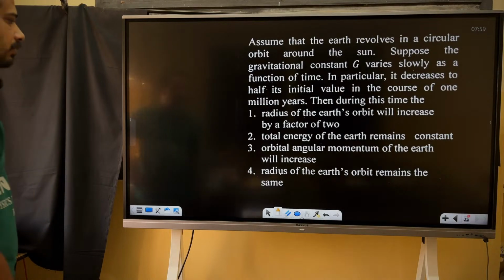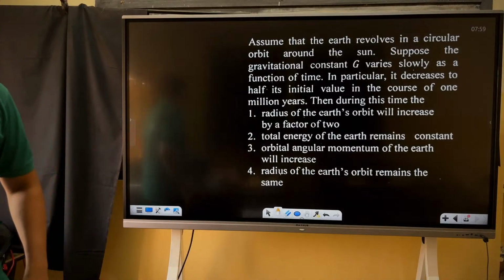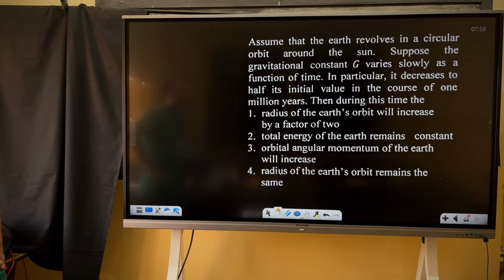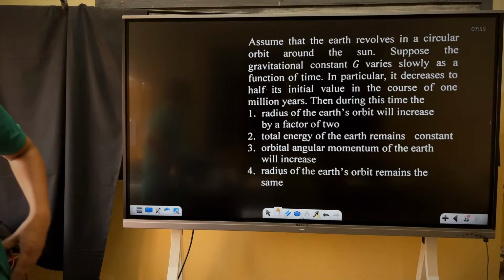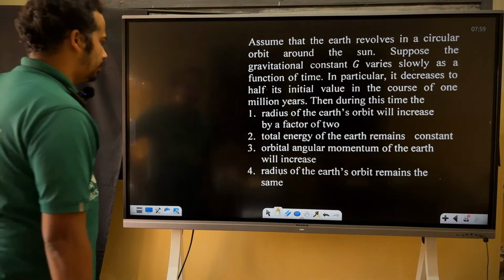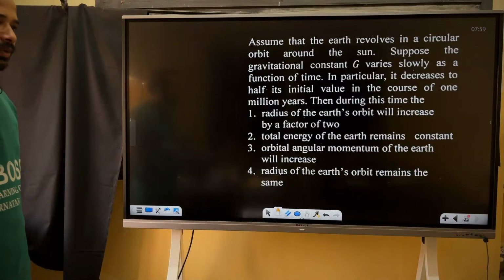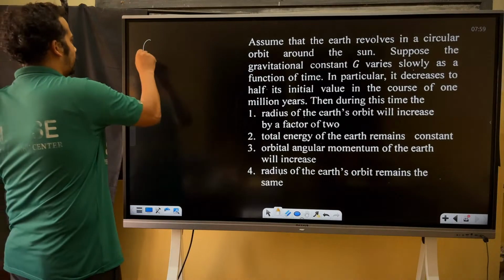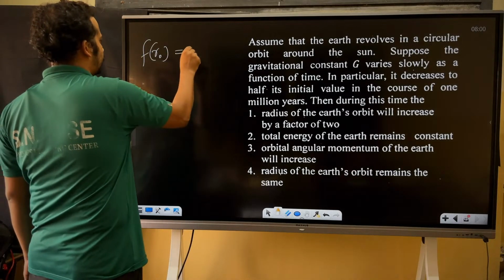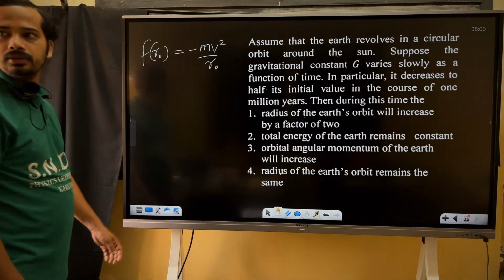Now you should connect it to equations only. When you have a pure question like this, you have to connect it to equations, and only then can you argue strongly. Write down all the circular orbit equations. One is that the force equals m v squared by r naught. F of r naught equals minus m v squared by r naught.